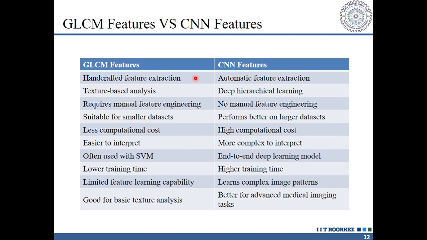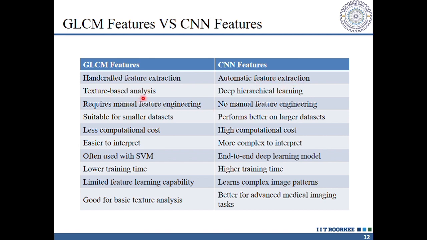This is the comparison table of GLCM features and CNN features. There are some differences. GLCM uses handcrafted feature extraction, while CNN does automatic feature extraction.